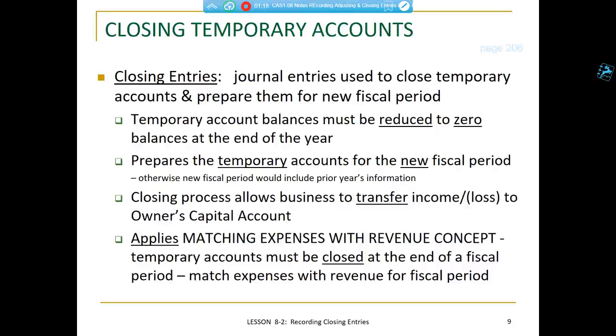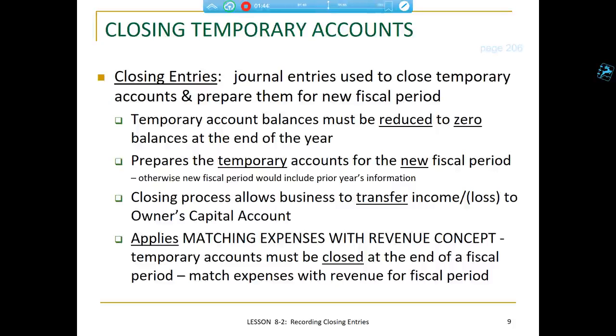So we do this by reducing the balances in those temporary accounts to zero, and that prepares those temporary accounts for the new fiscal year, because their balances are now at zero, they're fresh. This is also the way that we apply the matching of expenses and revenues during a fiscal period.